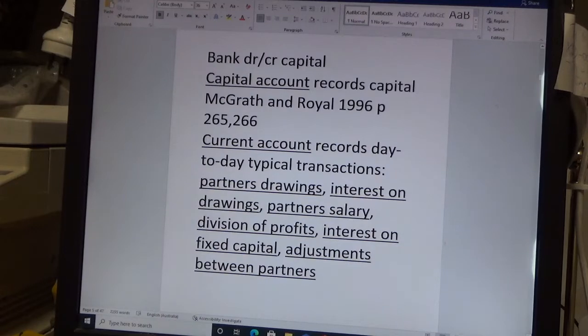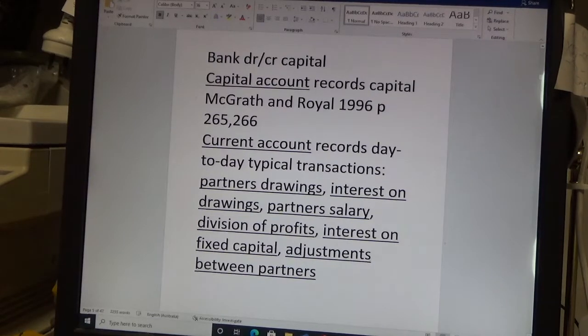A partnership is basically a business relationship, a business structure between two or more partners. Bigger than a sole trader, which is just one, and not structured as a company. That's a different structure, and sometimes partnerships convert to companies later.